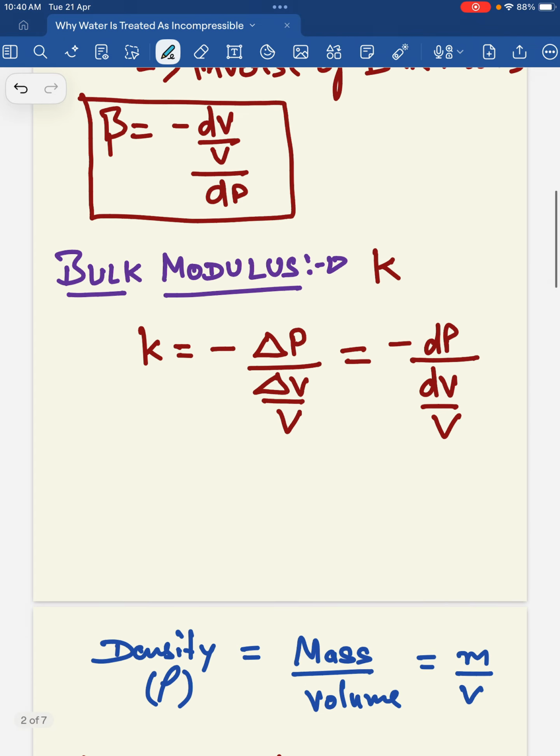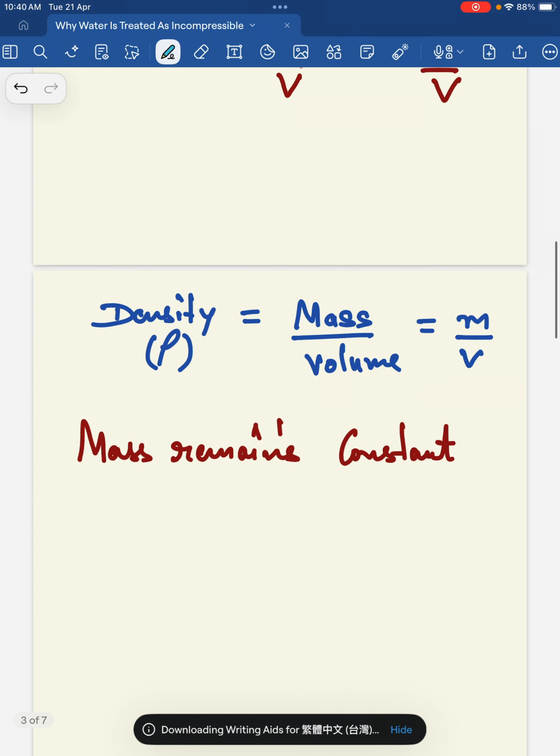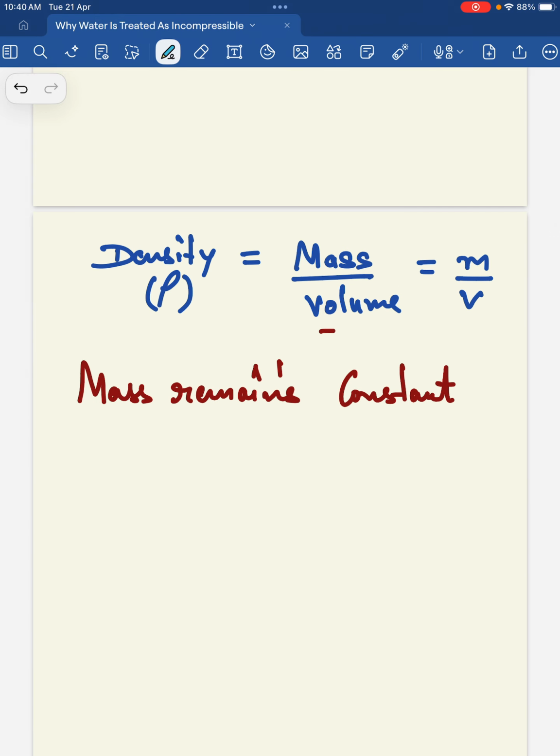Okay, so let us see the next concept. That is, density is mass per unit volume, that we all know. Also we have learned in previous classes that mass can neither be created nor destroyed, so it is taken as constant. So I can write mass is density into volume.